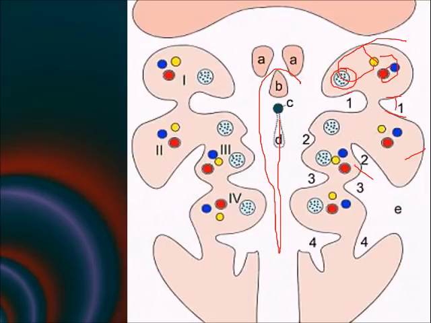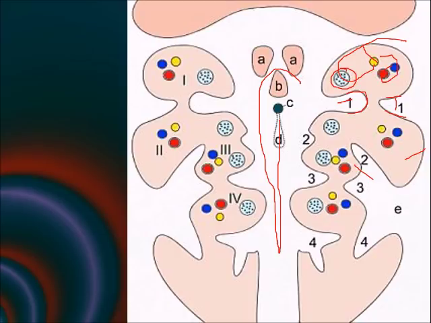The space between arch number 1 and number 2 from the ectodermal side or the lateral side we call a cleft or groove, and between 1 and 2 from the endodermal part inside, we call it a pouch. Each arch has derivatives, and each cleft has derivatives, and each pouch has derivatives.